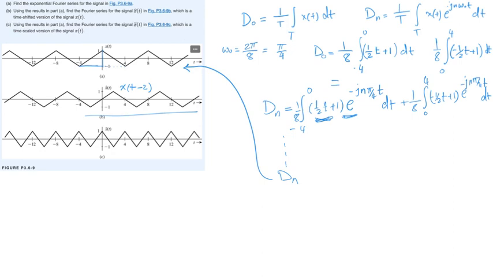Multiply by e to the minus j omega naught t naught. What's omega naught? Omega naught times the shift.